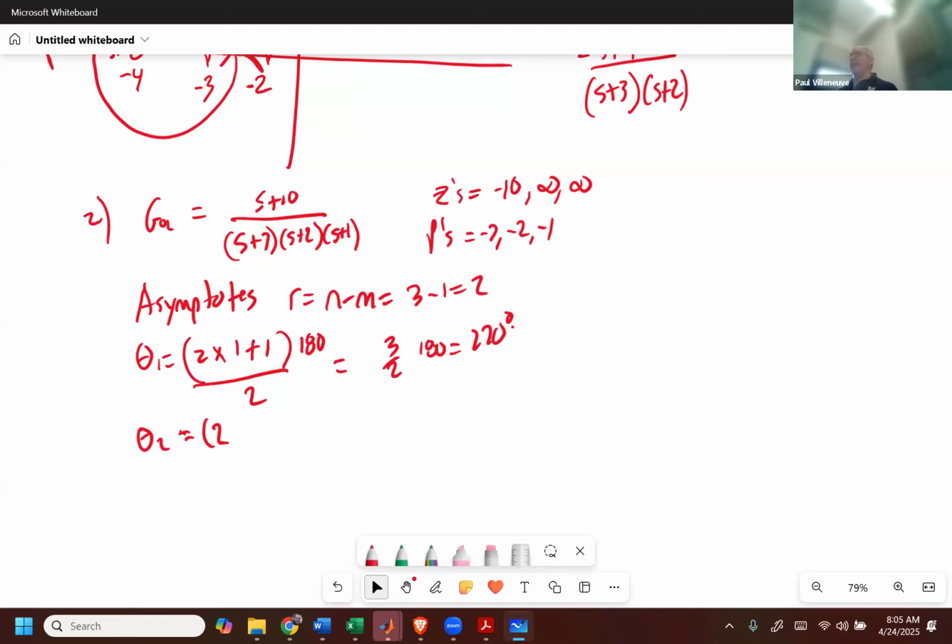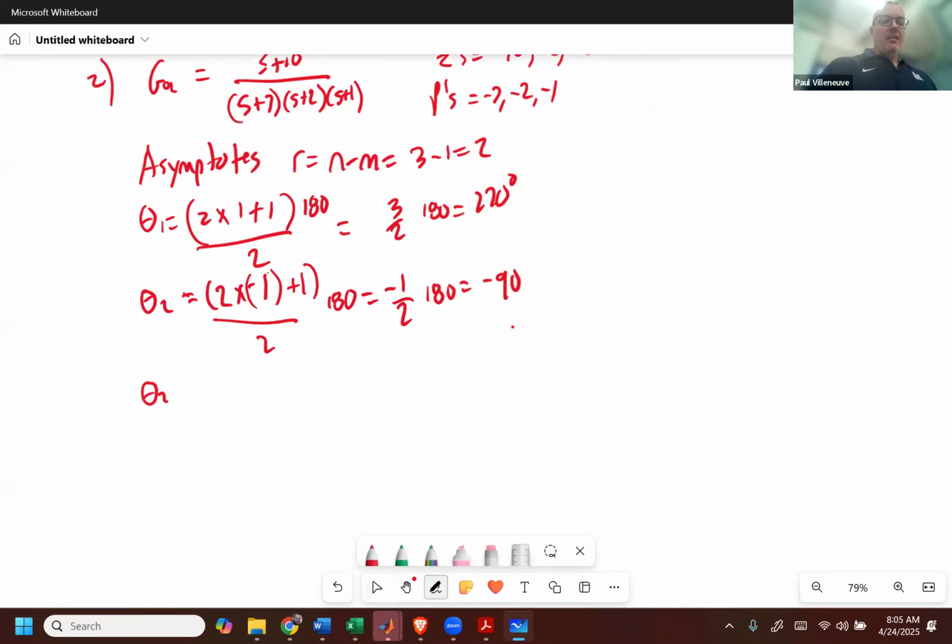Remember, it's plus or minus our one value. So that's 2 times minus 1 plus 1 over 2 times 180 degrees. So 2 times minus 1 is minus 2, plus 1 is minus 1, half times 180 degrees is minus 90. 270 or minus 90 is the same thing. So no problem there. Now we're going to go to our next increment. 2 times 2 is 4, plus 1 is 5, times 180.